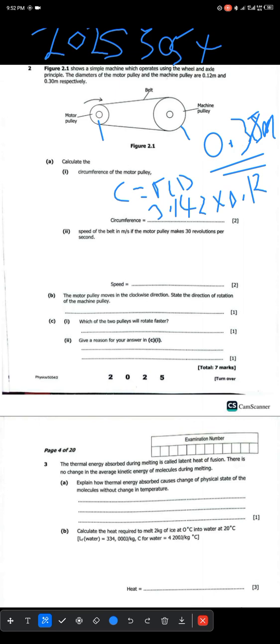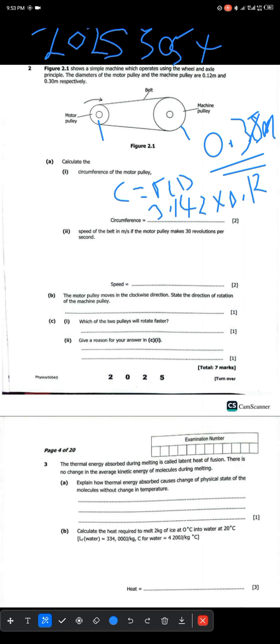Then our second question reads, the speed of the belt is what, in meters per second, if the motor pulley makes 30 revolutions per second. They are telling us to find the speed.